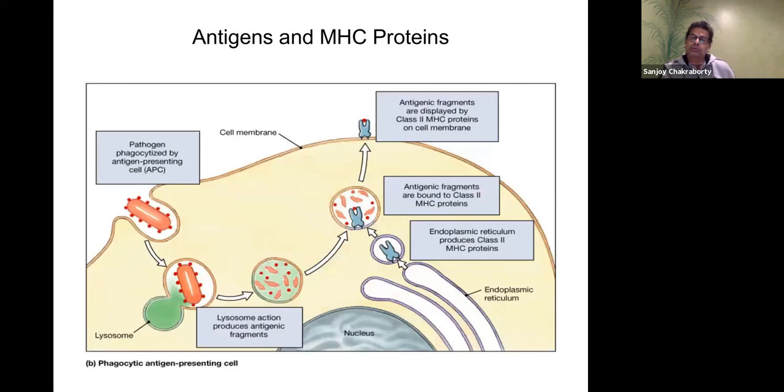But class 2 proteins are slightly different. This is the police officer's house. When an antigen, a virus or bacteria, attacks them, they kill them. They destroy the antigens. They have lysosomes and all other defense mechanisms to kill them. But now comes the problem.